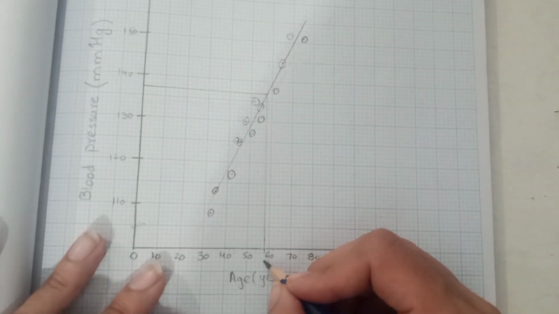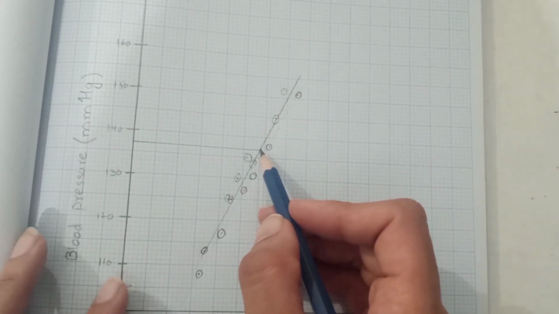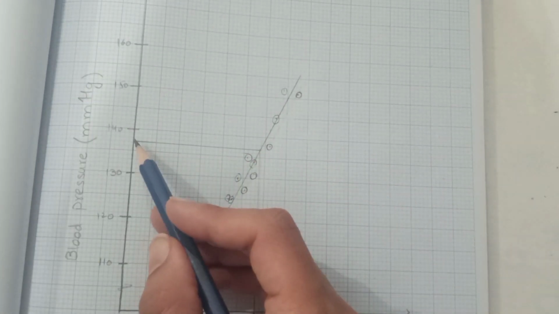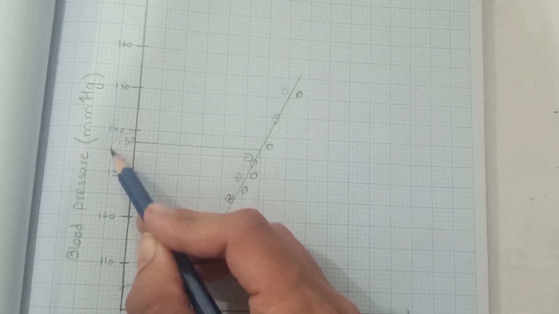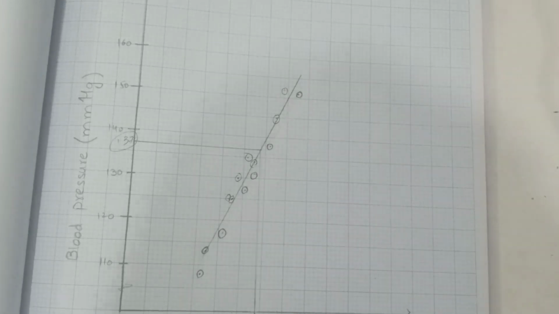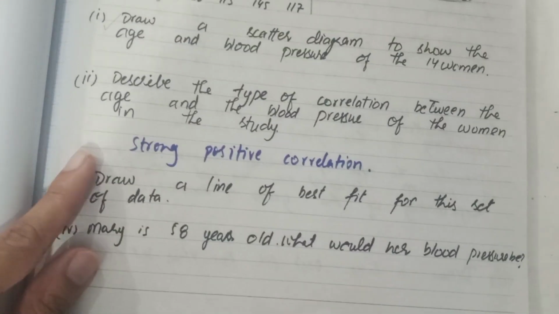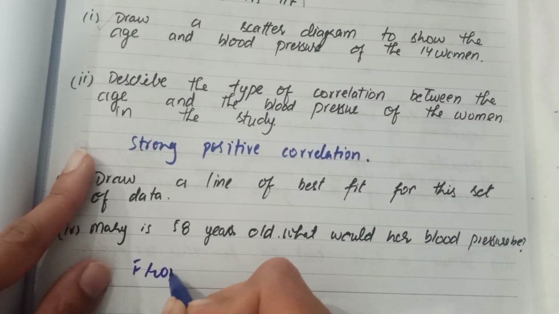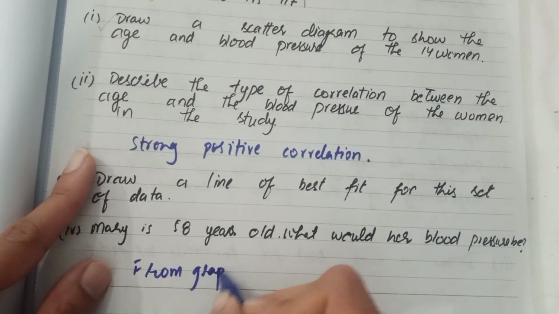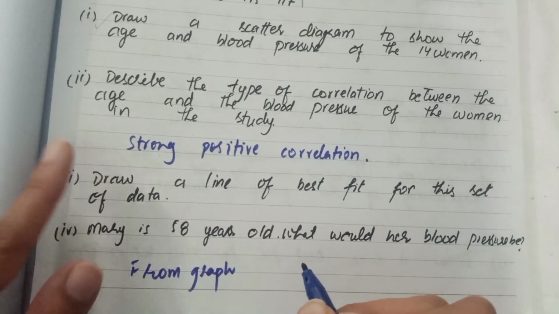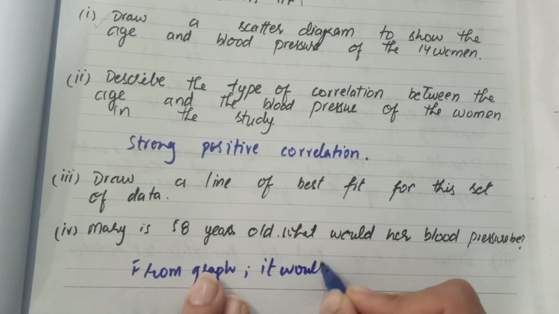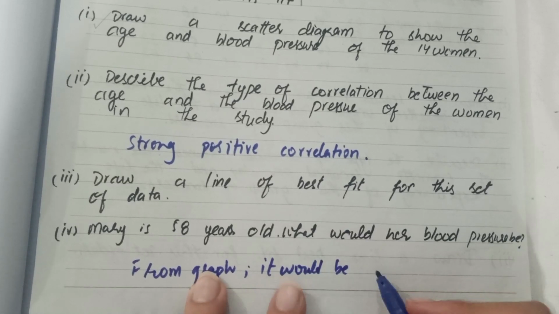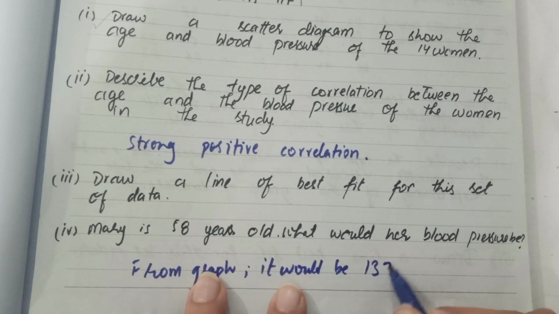That is the age of 58 years old. And when we observe the blood pressure from the graph, it is 137. Then the answer of part 4 from the graph would be 137.